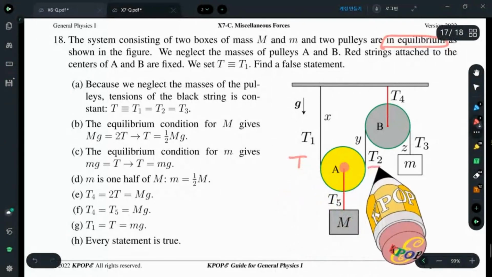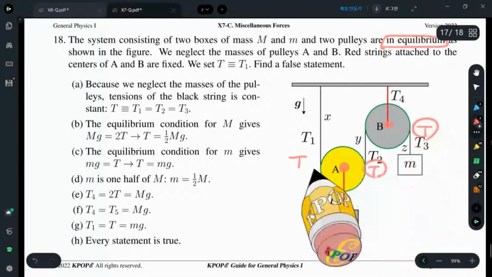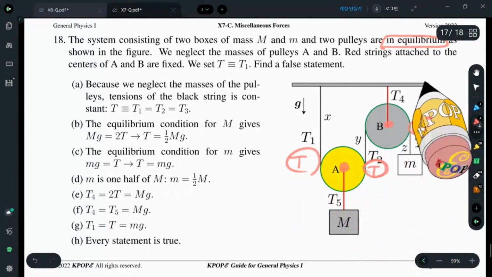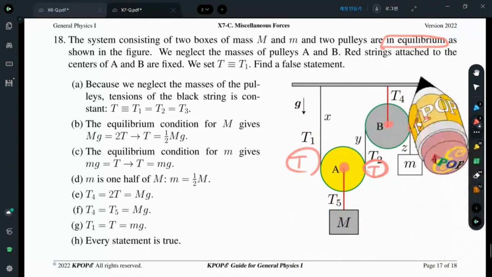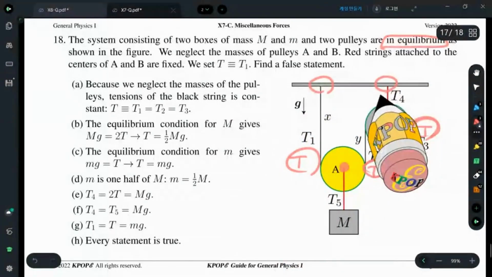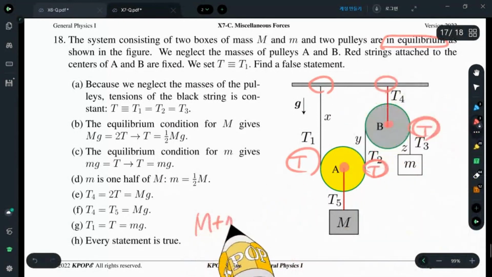So this tension, this tension, this tension, this is a massless pulley. They have the same magnitude. If you look at the whole system, it is sustained by these two forces. And the whole mass is m plus M.